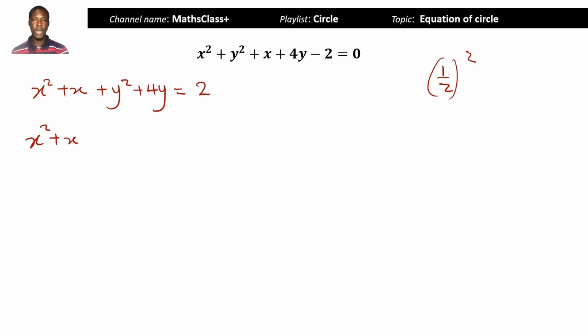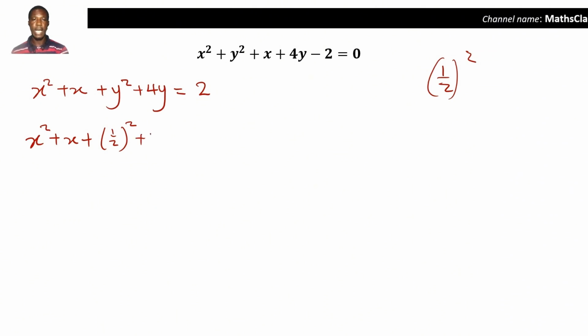So now, when I do this, I will add it to both sides of the equation. So I have plus 1 over 2 squared, and as I said, I will add it to both sides of the equation: 2 plus 1 over 2 squared.